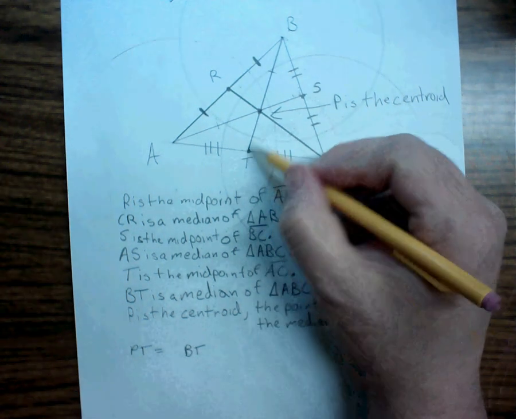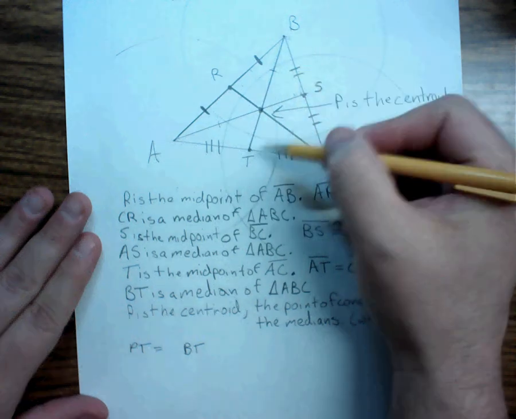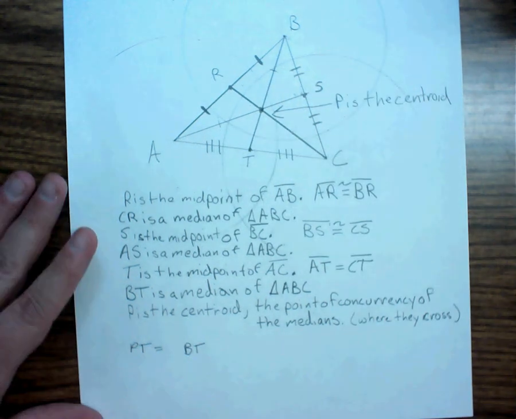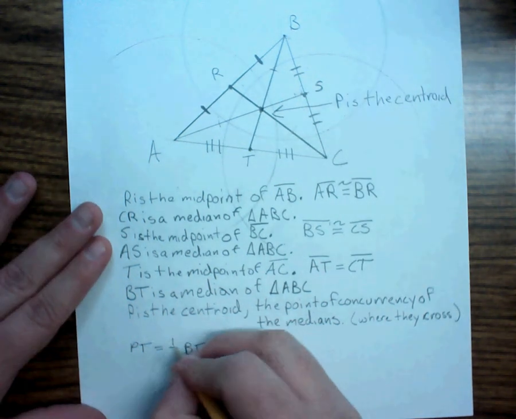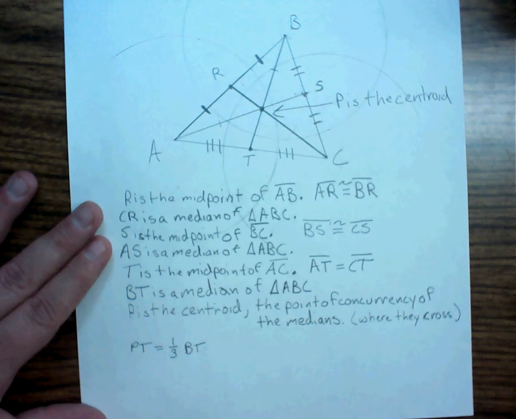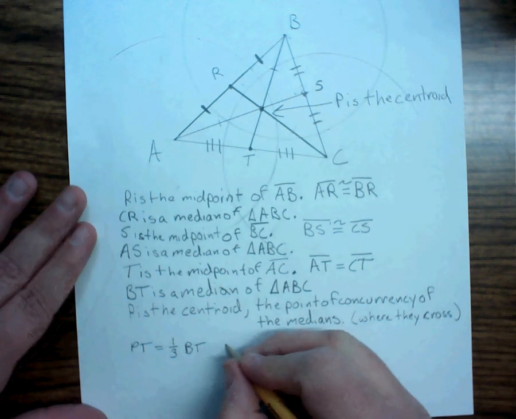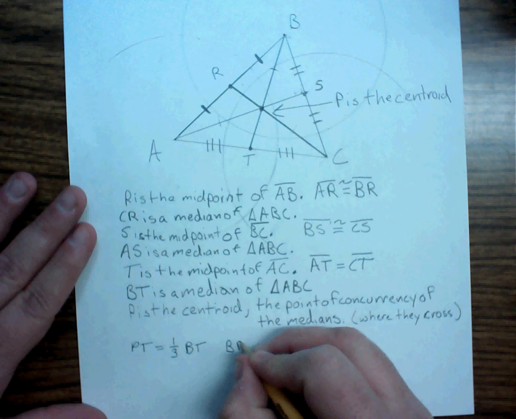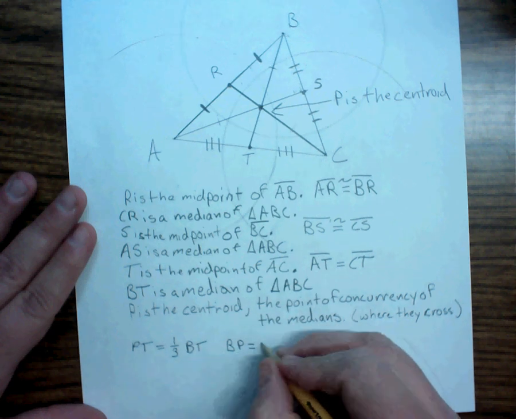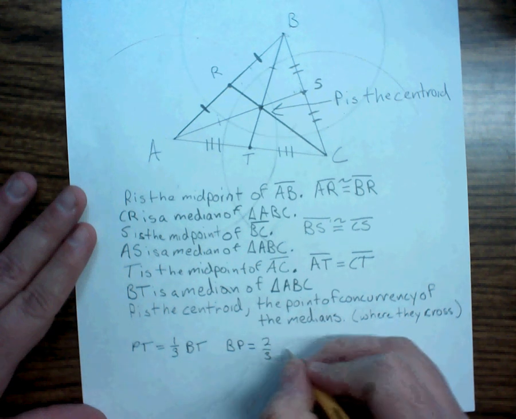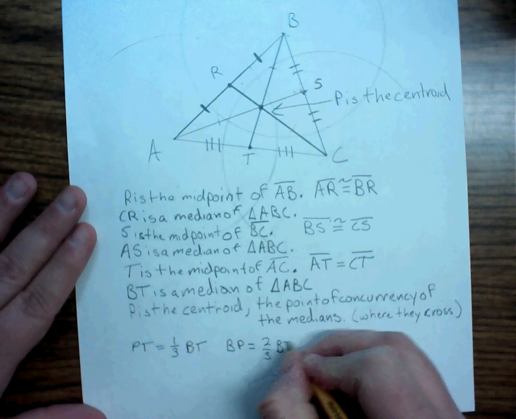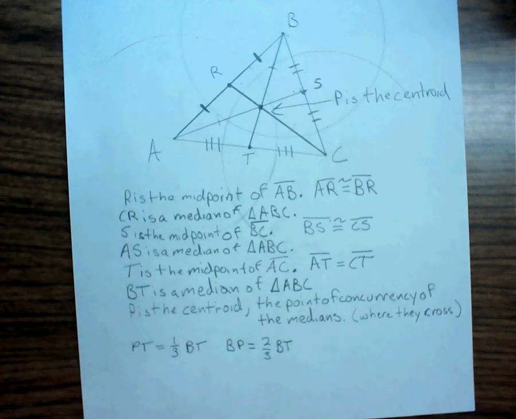So what is this length compared to the full median? 1/3, right? Yep. Then I could say that BP is equal to 2/3 BT, right? You write that down and then just look at it and let it soak in.